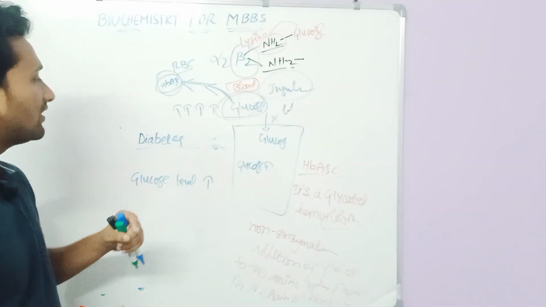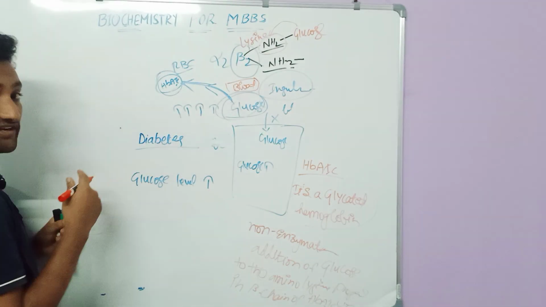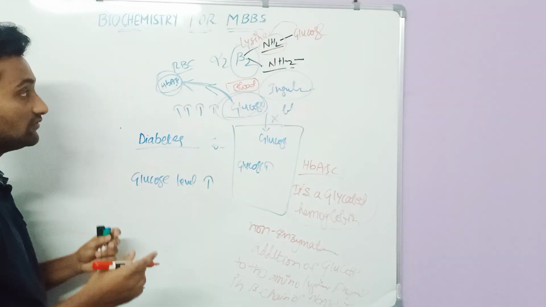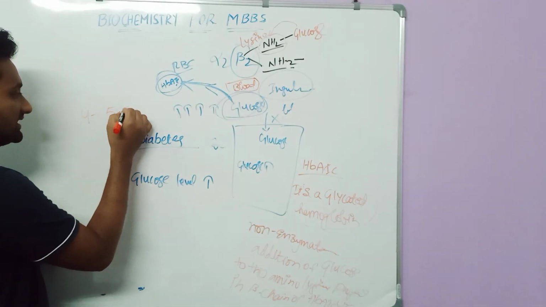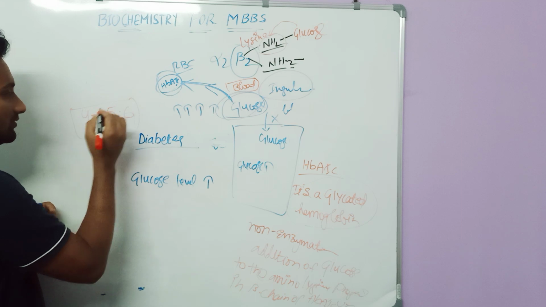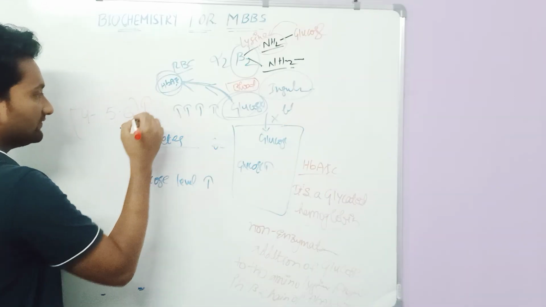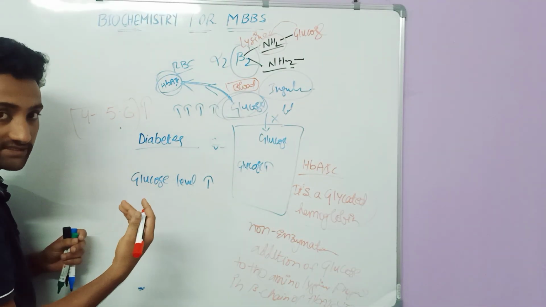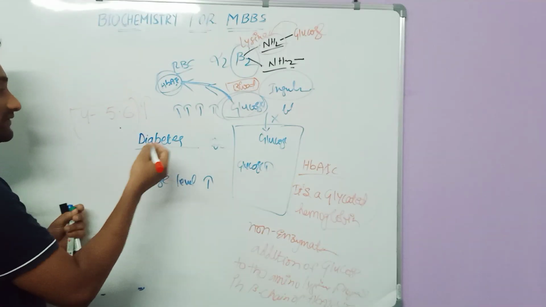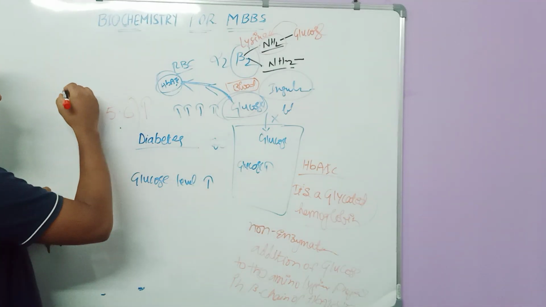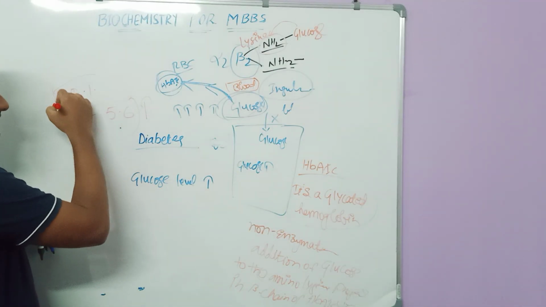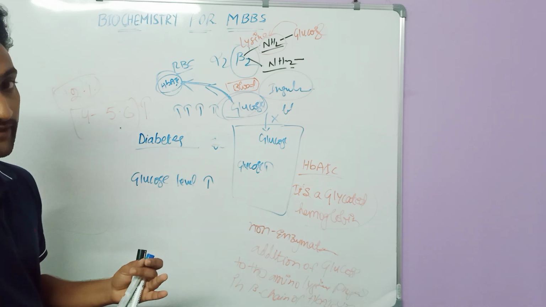As we already discussed earlier, the reference value of HbA1c is 4 to 5.6. If the value jacks up more than 5.6, that indicates pre-diabetes. The value sometimes goes up to 12%, which means it's a severe diabetic.